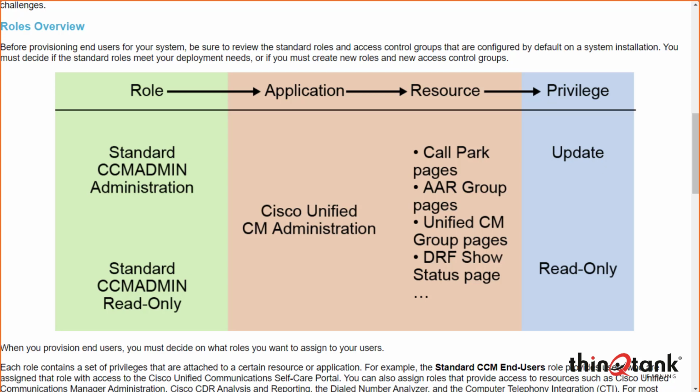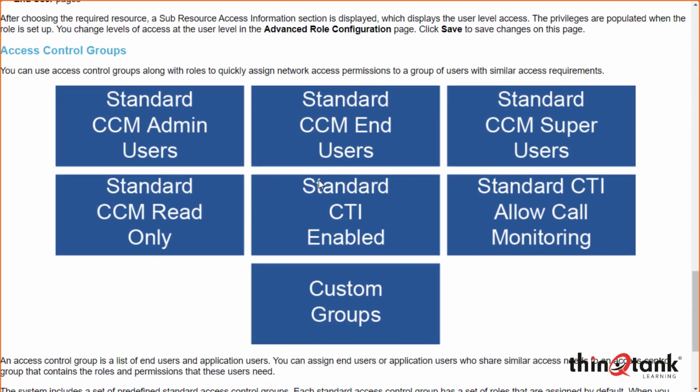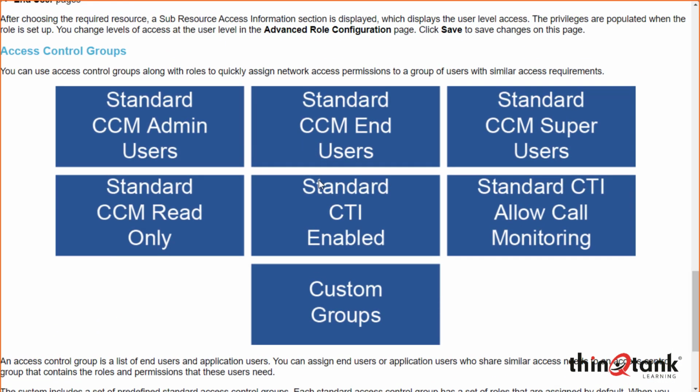All right. There are some advanced role configurations as well. We can go through the process of implementing specific access for users to give them access to very specific functions within Call Manager. We can see the different access control groups that are listed here: standard CCM admin users, standard read-only.